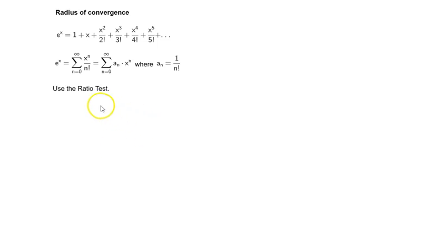Now here we are going to use the ratio test. So for that we require a_n, which is 1 by n factorial. We need the next term, that is a_(n+1). Now that would be equal to 1 by (n plus 1) factorial.